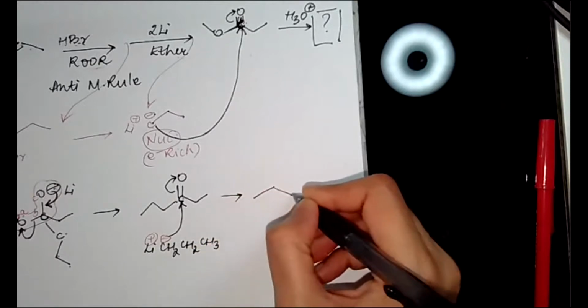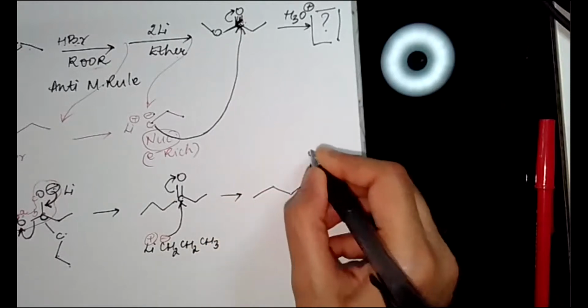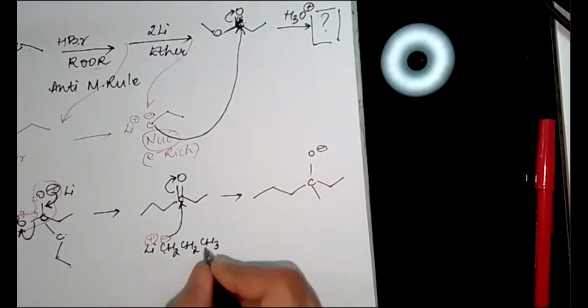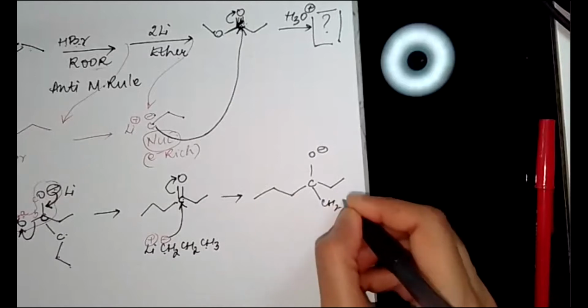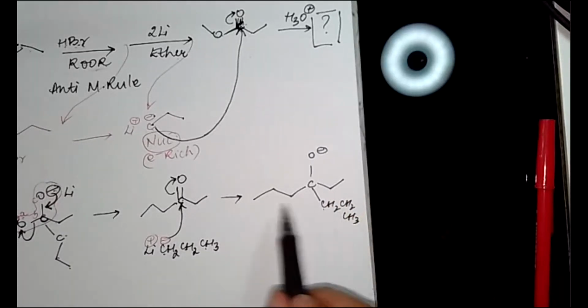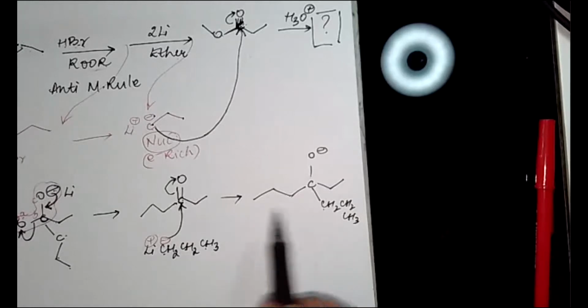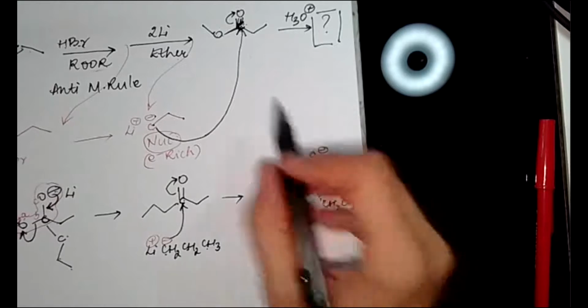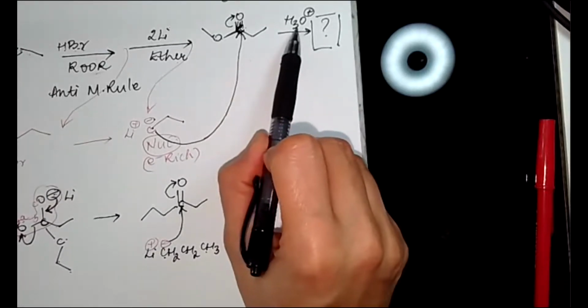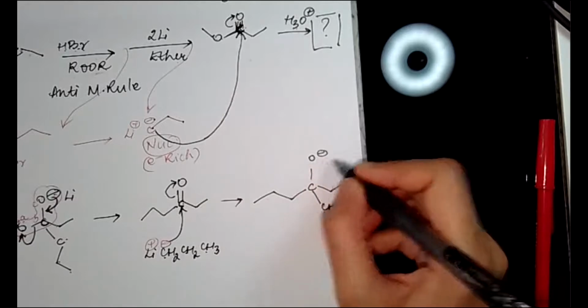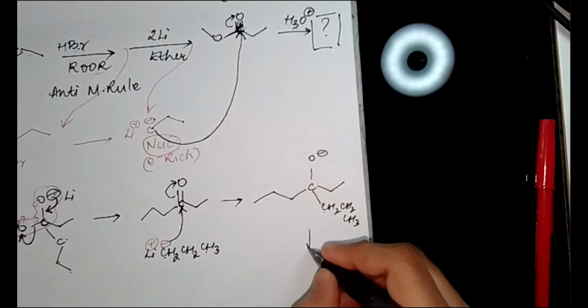Now when this addition occurs, 1, 2, 3, and these 2 are exactly the same things. I just wrote them differently. In the presence of acidic solution, this oxygen will be replaced by the hydrogen.